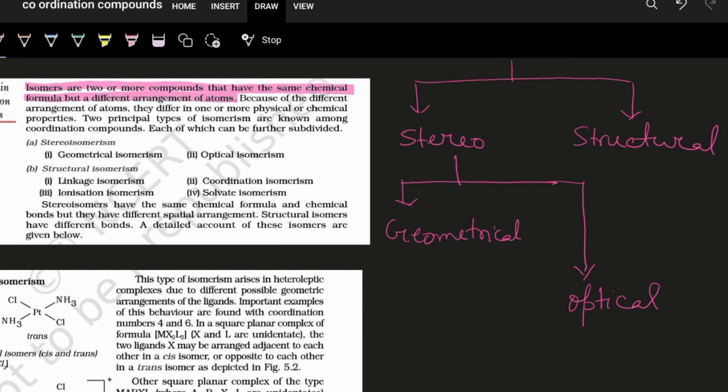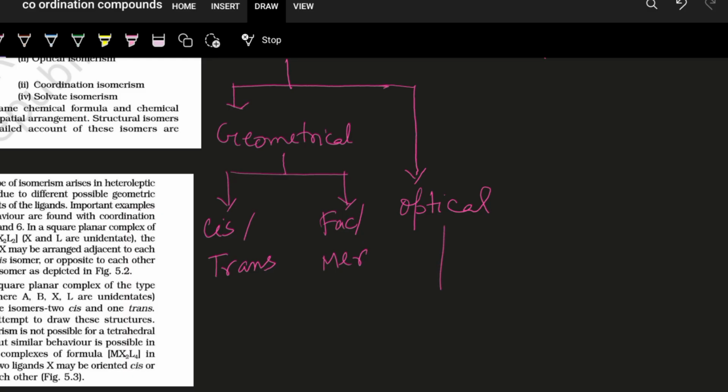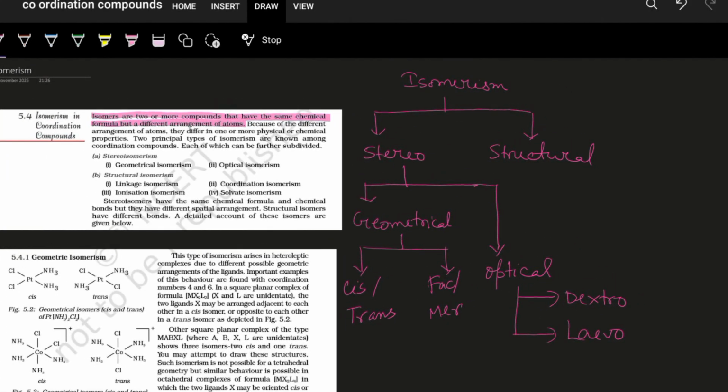Geometrical isomerism can be cis and trans, or FAC and MER, facial and meridional. Optical isomerism can be dextro-rotatory and levo-rotatory. These are the two optical isomers.